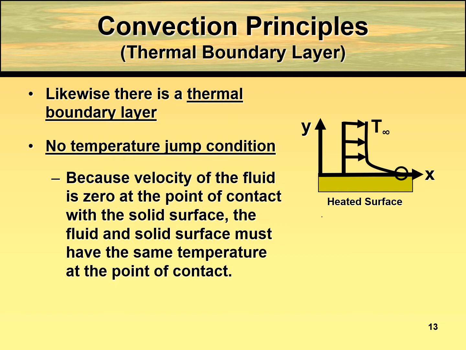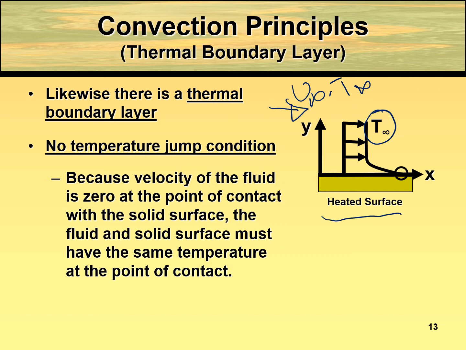So if we have a heated surface with incoming free stream velocity u infinity, then this free stream velocity also exists with the free stream temperature, or the surrounding temperature. This surrounding temperature is far from the heated surface section.